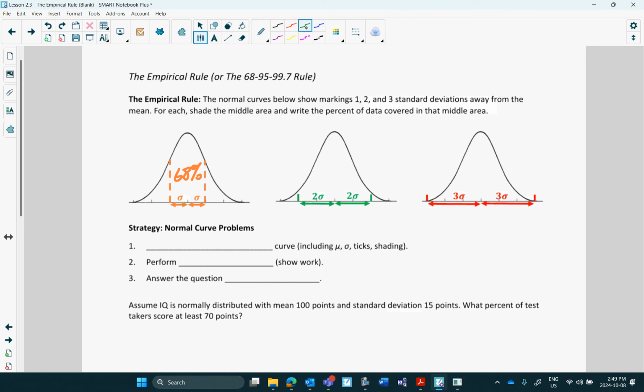Within two standard deviations, 95%. Within three standard deviations, almost all the data values, 99.7, just a few will be outside, either low or high.